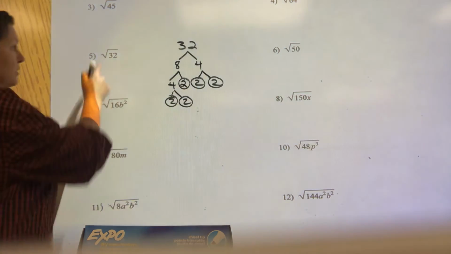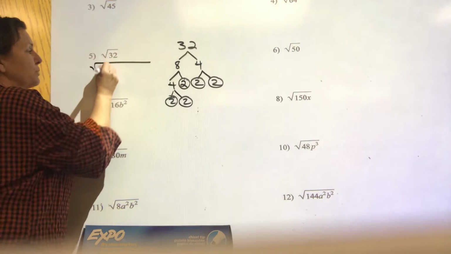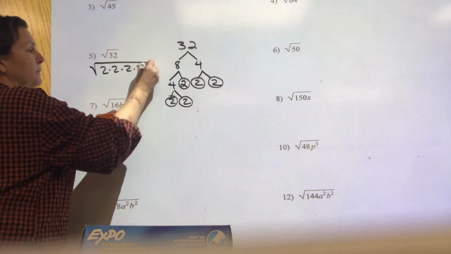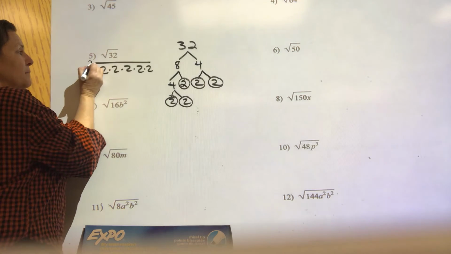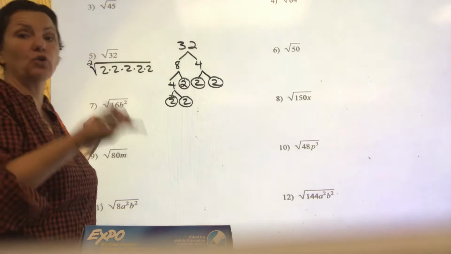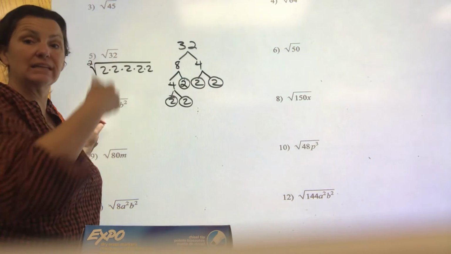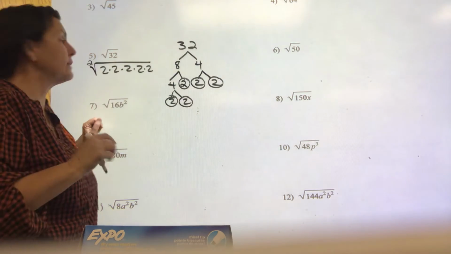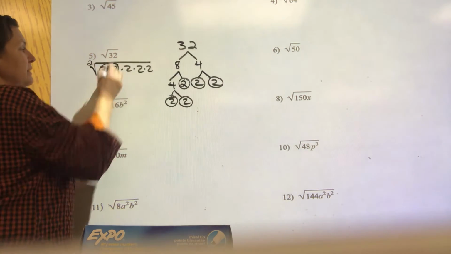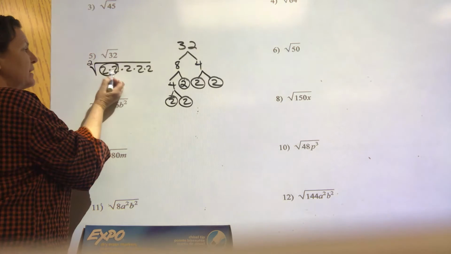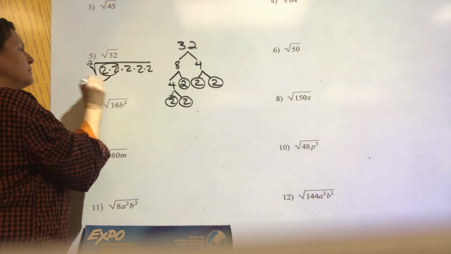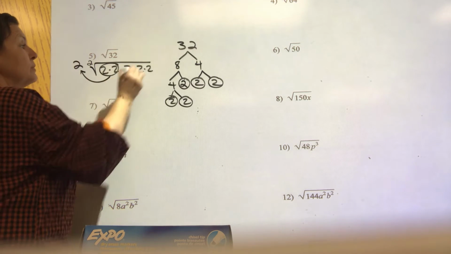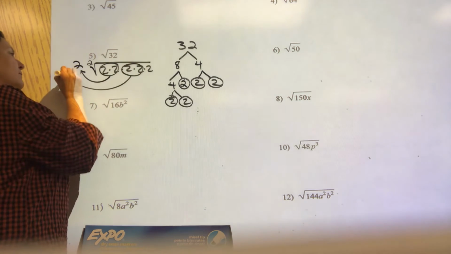Nice, let's do that. So 32, first thing I do is rewrite it as a set of primes. I know that my root is 2, aka I'm looking for sets of 2 to leave this radical party. Okay, so you guys can leave because there's an identical set of you. 2 identical things, boom, 1 set left. I see another set that can leave.